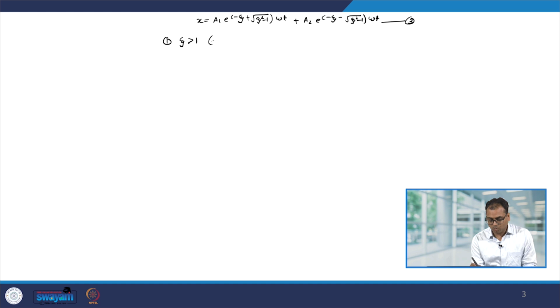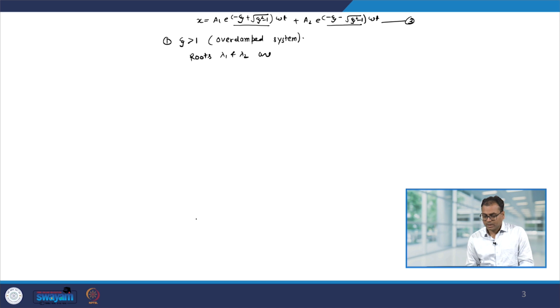This is called the overdamped system. In this case, the roots lambda 1 and lambda 2, that is this one and that one, are distinct, they are different, and they are real and they are negative.